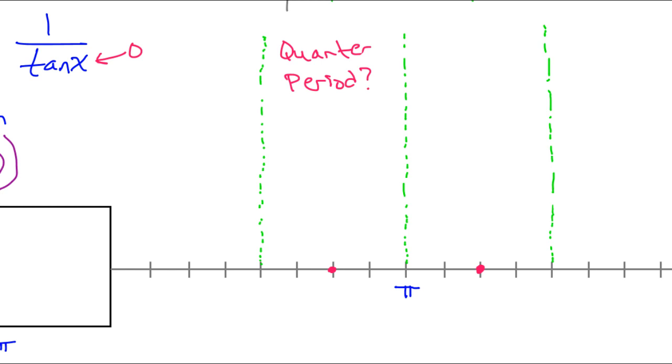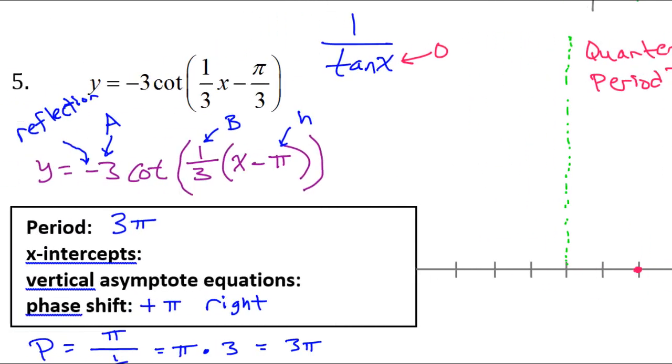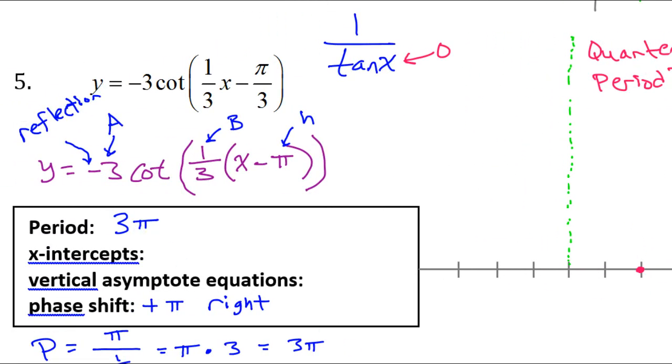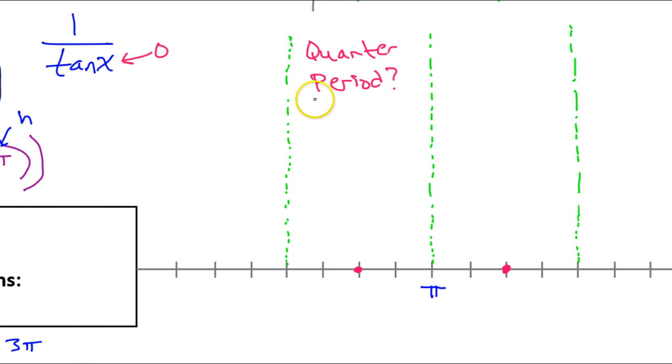Well, the period is 3 pi. So that means a quarter period is 1/4 of 3 pi, which is 3 pi over 4. That means every one of these marks should be going up by 3 pi over 4.